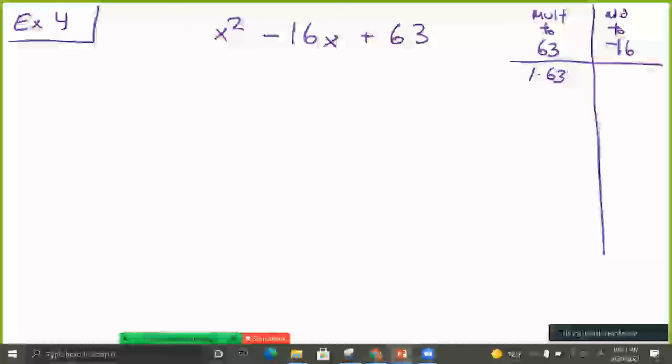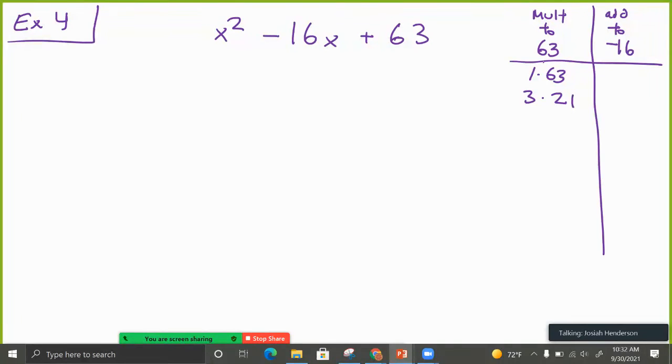One times 63. Even though we're probably never going to choose that first option, I like to start with it. 63 divided by 2 doesn't work. 63 divided by 3 is 21. So 3 times 21. Maybe that's our answer. So to find out, let's try subtracting 21 minus 3.